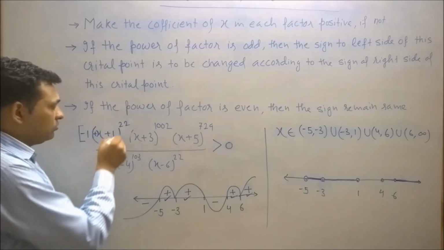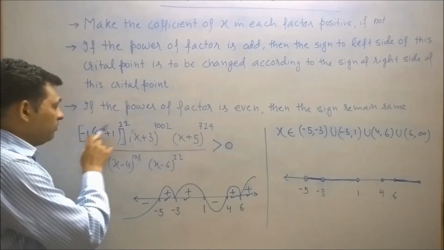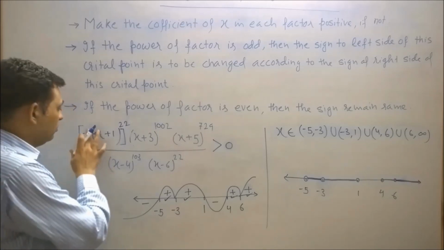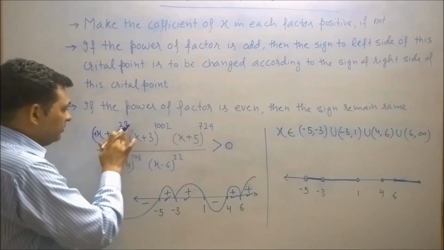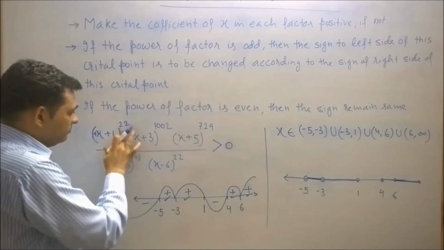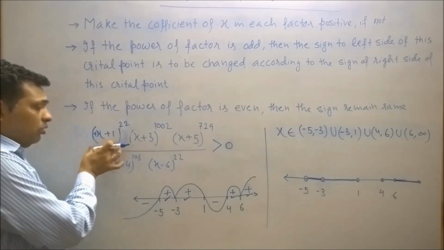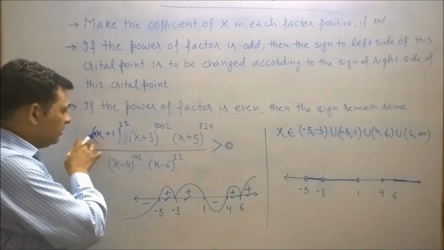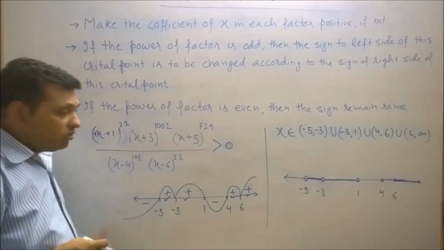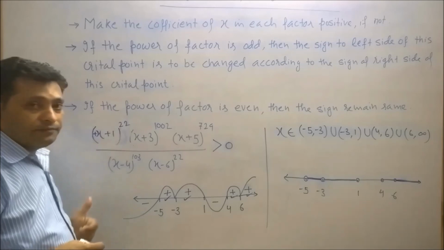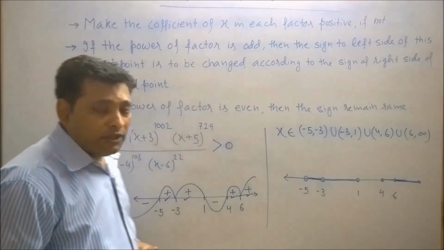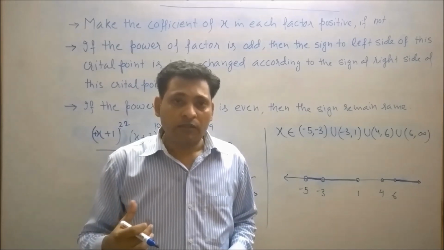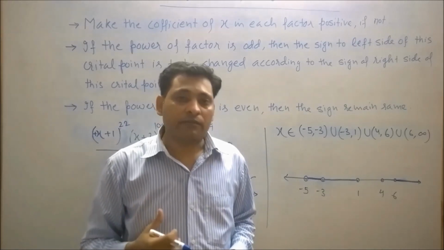This becomes also positive. Now minus 1 to the power 22 means plus 1. So we can write this factor as this. Now no need to change the sign of inequality here, since there is no negative sign coming out before this factor. So student, we have to take this precaution whenever the power is even and the coefficient of x is negative.